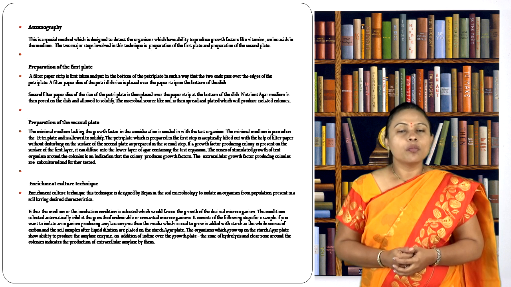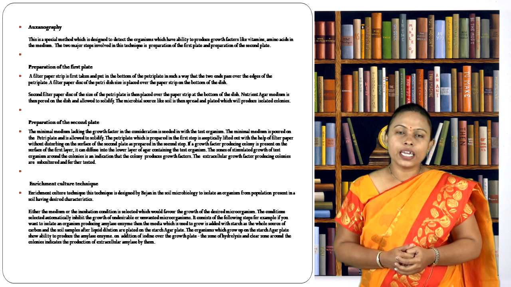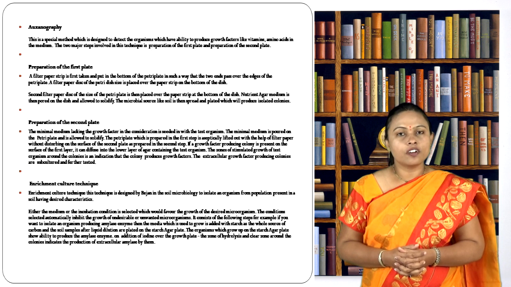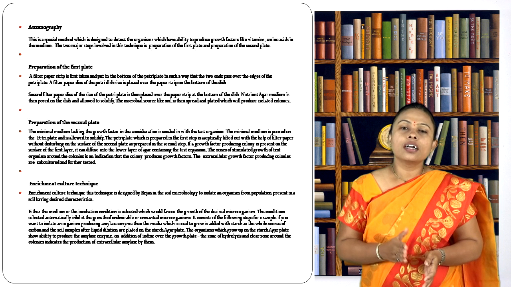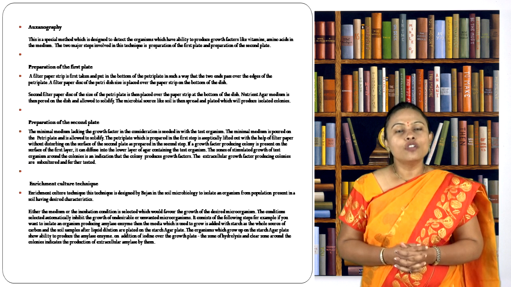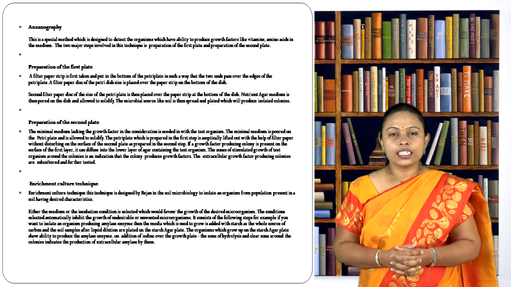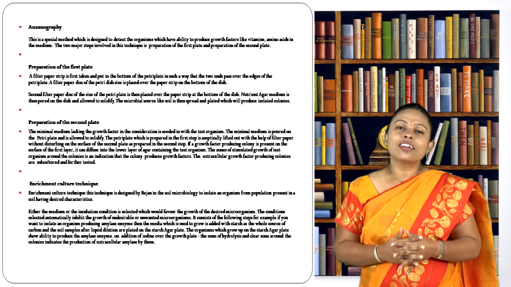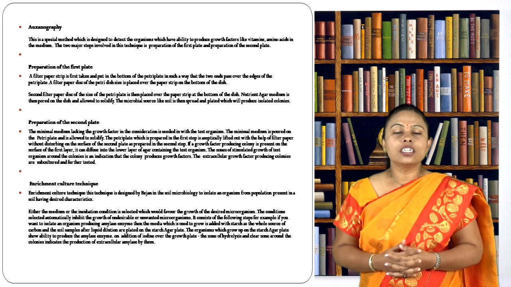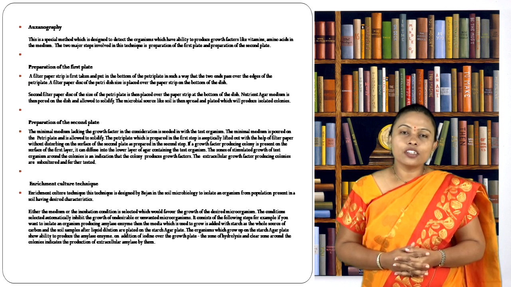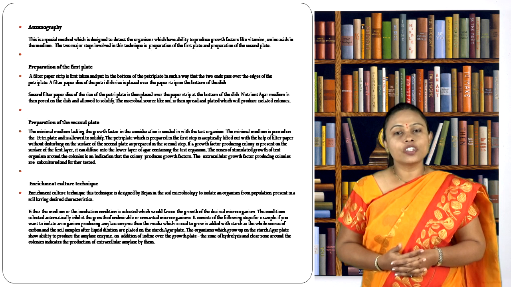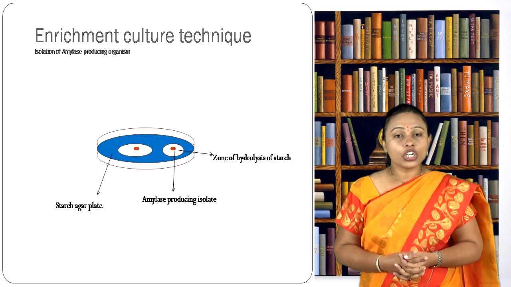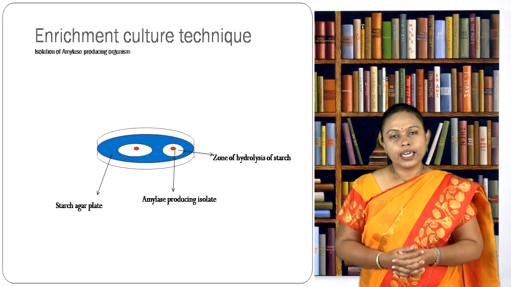Iodine is then added upon the grown agar plate and a colorless zone is observed, which is called the zone of hydrolysis, around the dark inky blue background, because iodine reacts with starch and gives a dark blue color. The colorless zone indicates hydrolysis of starch. The clear zone around the colony indicates the production of extracellular amylase.